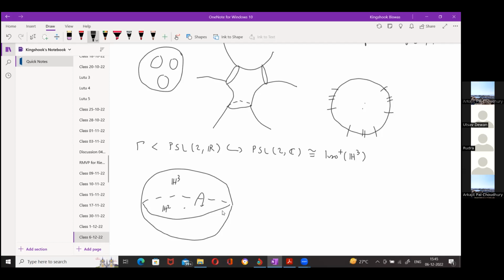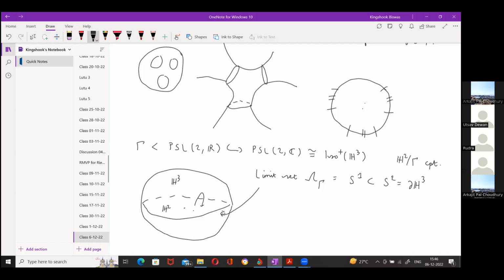Suppose H2 mod gamma is compact. In that case, the limit set is going to be this circle S1 sitting inside S2, which is the boundary of H3.